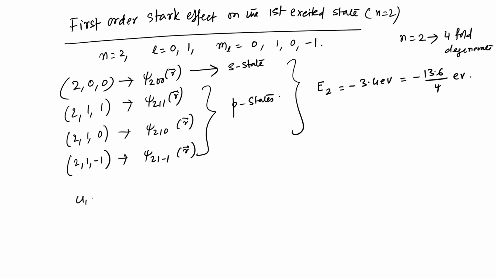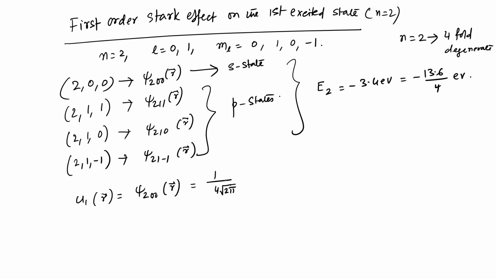So, let us call U1(r) equal to psi 200, that is the notation that we have used earlier, this U1, U2 etc. And explicitly writing what these are, you can look at any book and get these explicit forms.